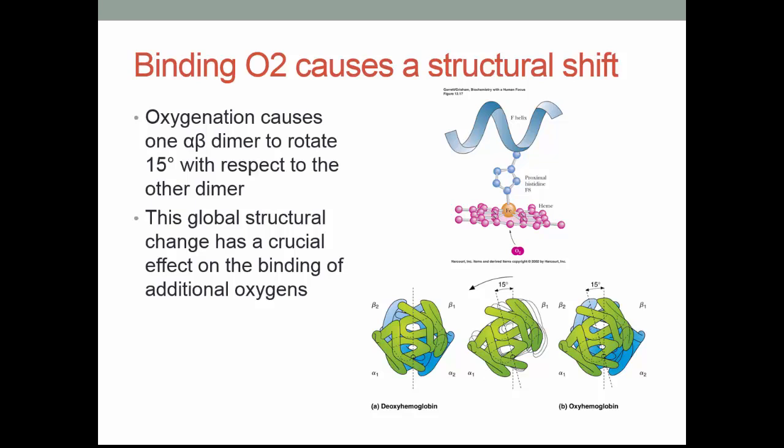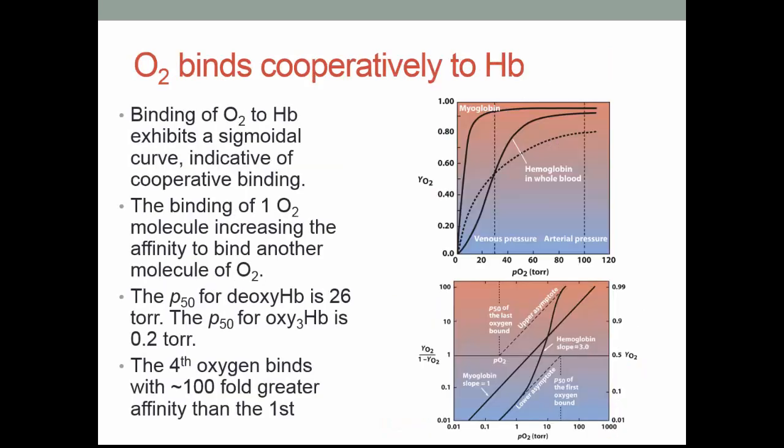The deoxy form of hemoglobin is often referred to as the T state by biochemists, while the oxygenated form of hemoglobin is referred to as the R state. Unlike myoglobin's hyperbolic curve, the binding of oxygen to hemoglobin at increasing oxygen concentrations shows a sigmoidal relationship.